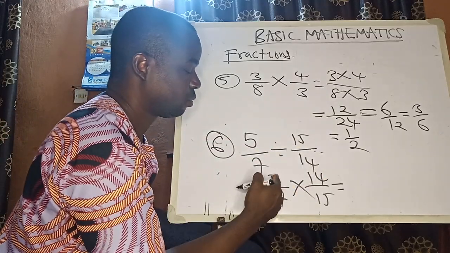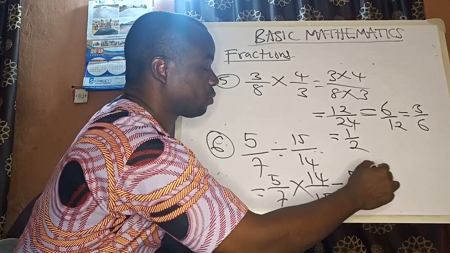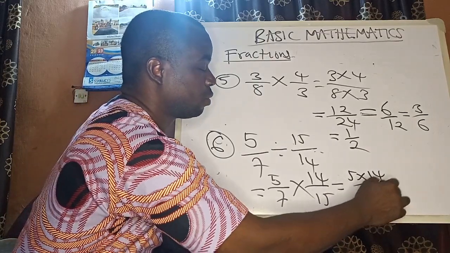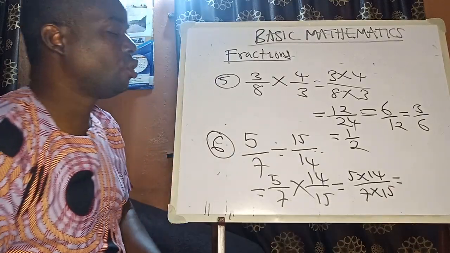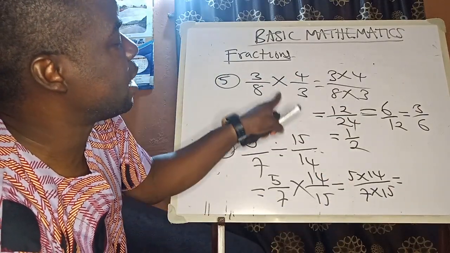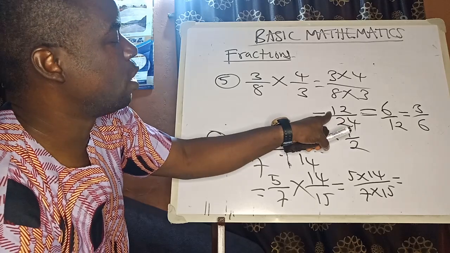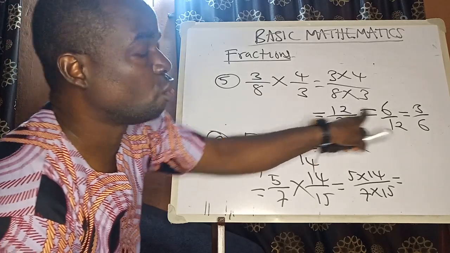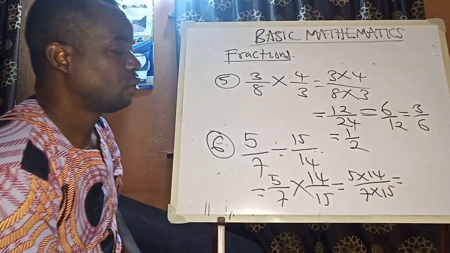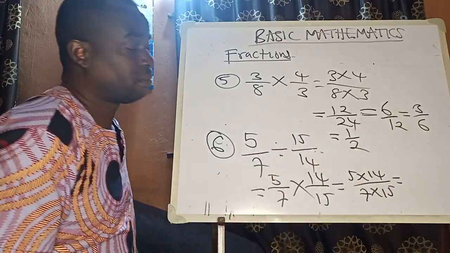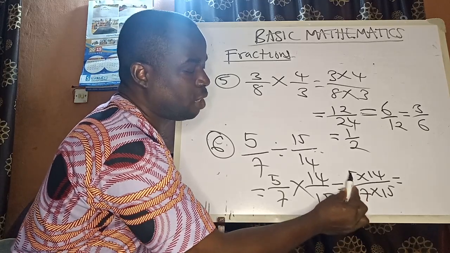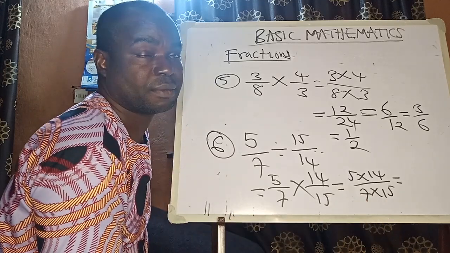So you now have 5 times 14 over 7 times 15. In this way, here I solved it direct. I did 3 times 4, 12. 8 times 3, 24. And I reduced the lowest term. But here, let me use another method to do it. You can find a number that can divide a number up here and divide a number down here.